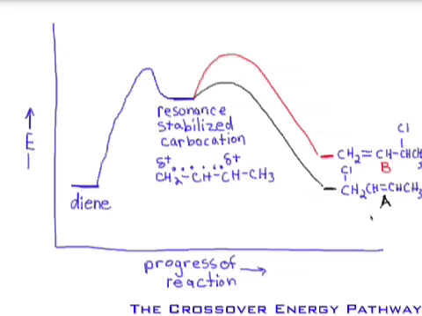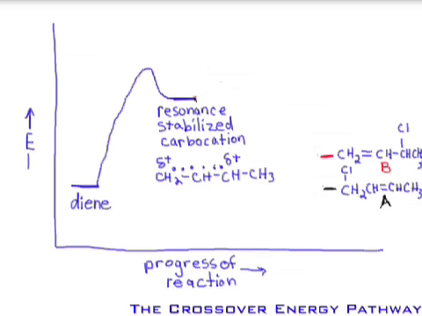But sometimes, on rare occasions, that isn't the case. And in this case, that does not happen. It turns out the more stable black molecule, labeled A, has the higher energy of activation.